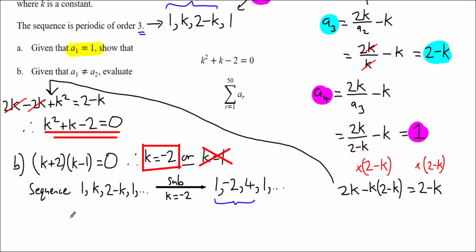So the sum from 1 to 50 of a_r is going to be 16 lots of 1 plus minus 2 plus 4, 16 lots of the first 3, and then I'll have another 2 after. So the 49th term will go back to 1, and the 50th term will be minus 2.